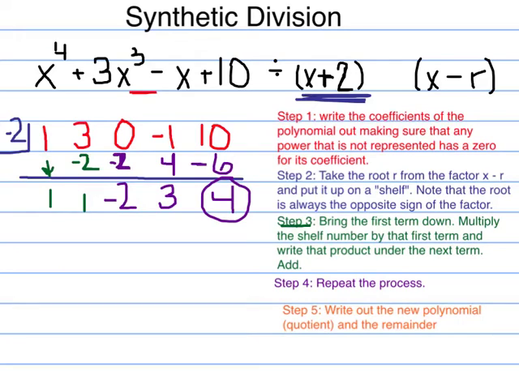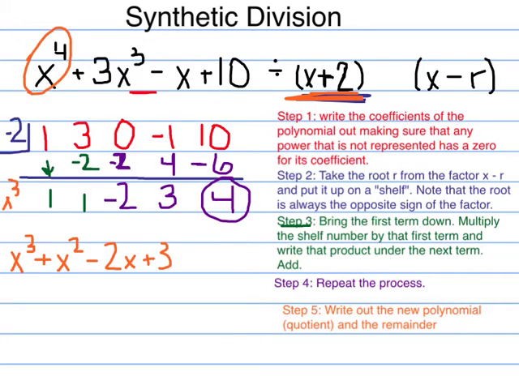My new equation will be x to the 3rd as its highest power, because I did divide out an x by doing the synthetic division process. So what I have here is 1x cubed plus 1x squared minus 2x plus 3.